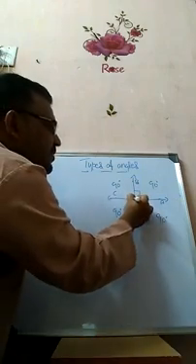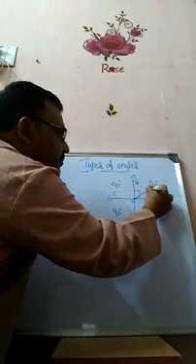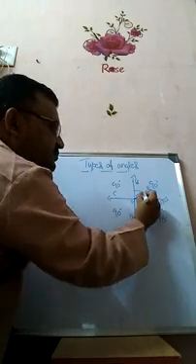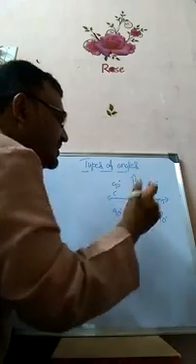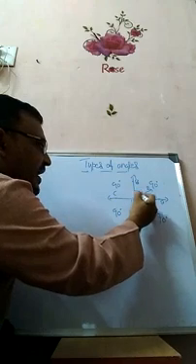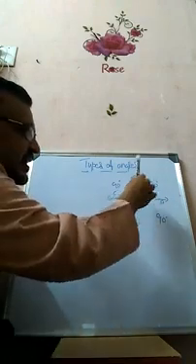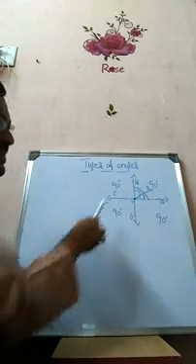Now, one more ray I am drawing here, OE. Now, observe the measure of the angle between OA and OE. Clearly, it is less than 90 degrees. This is 90 in total.